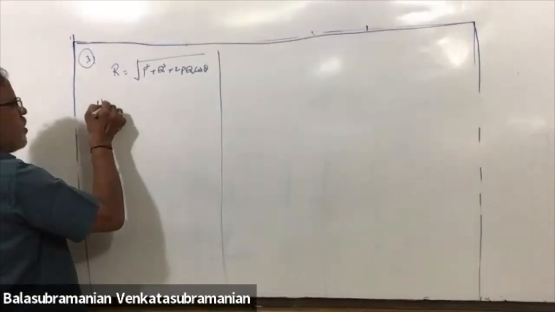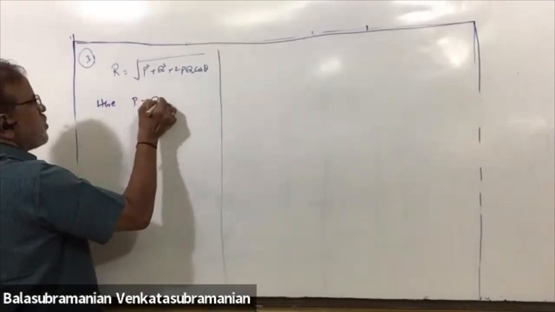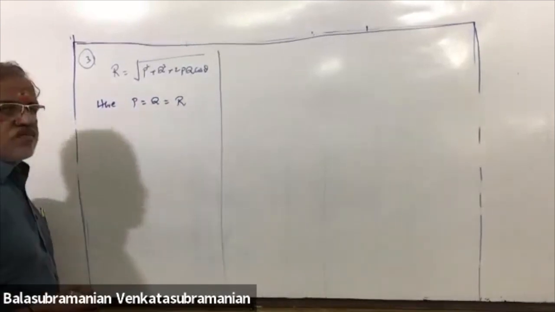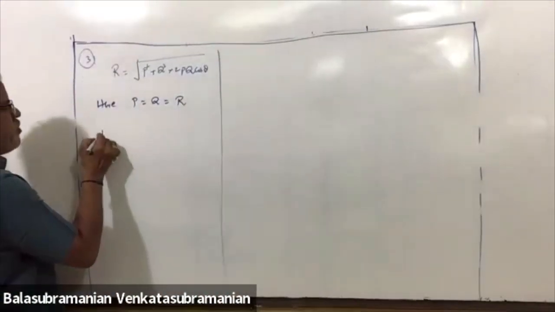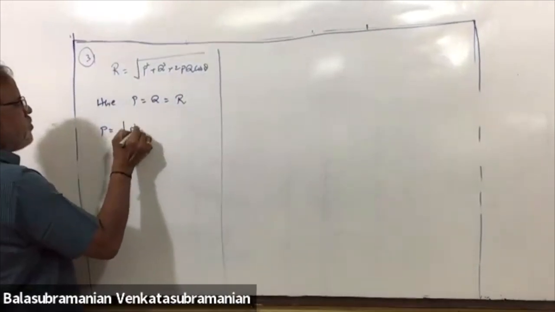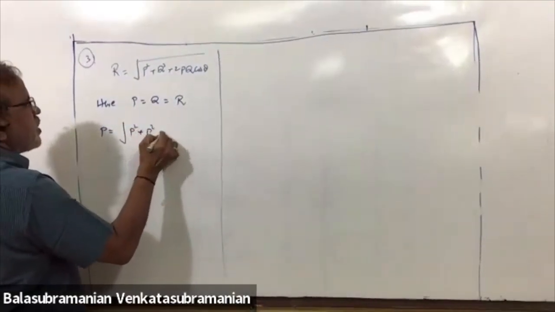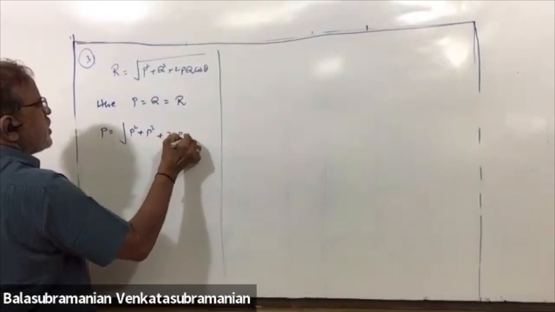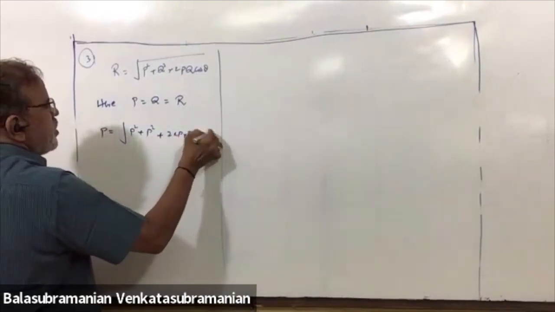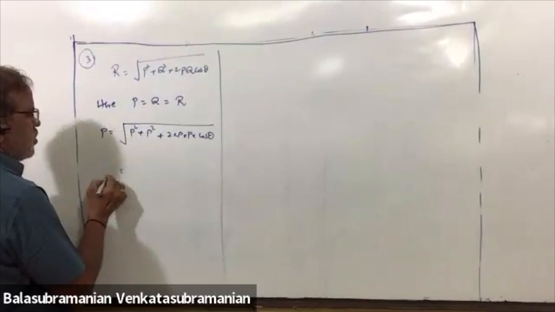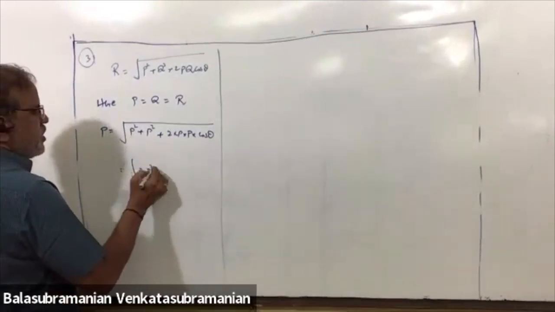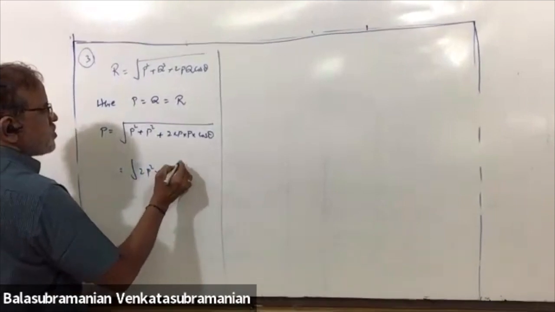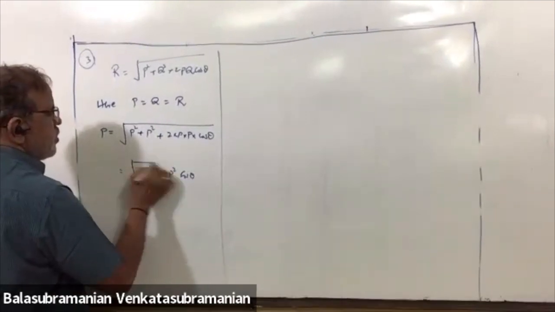That means P is equal to Q is equal to R. So P is equal to root of P square plus P square plus 2P square cos theta, which is root of 2P square plus 2P square cos theta.